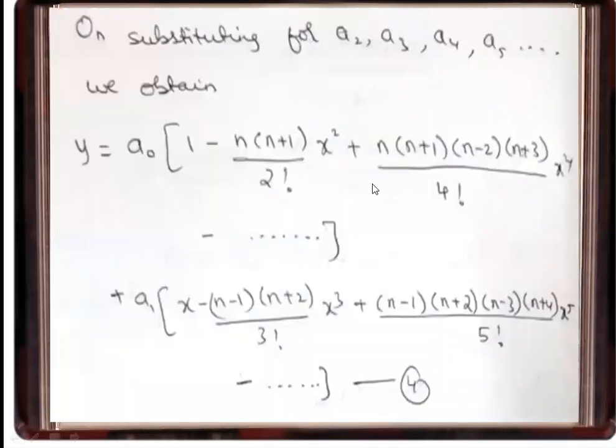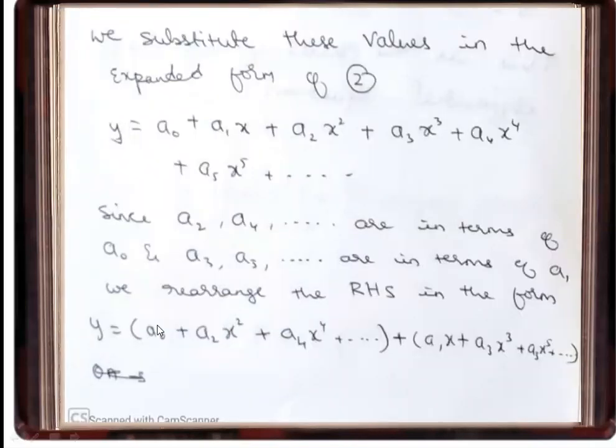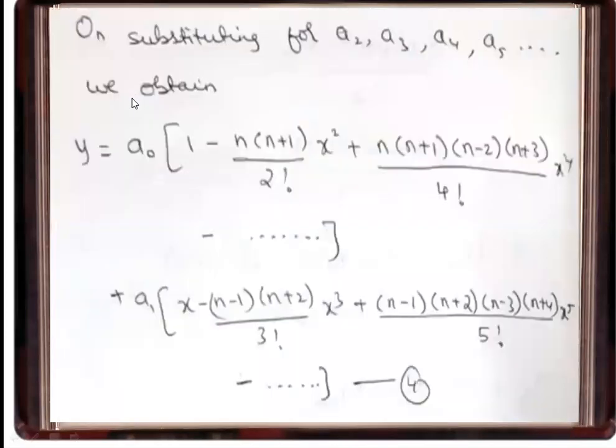So next we have to substitute a2, a3, a4 and a5. Whenever you are substituting, a naught will be common because a2 also we have got in terms of a naught.